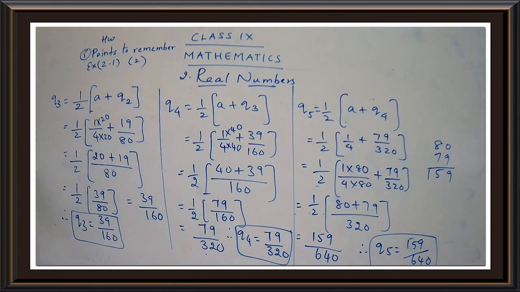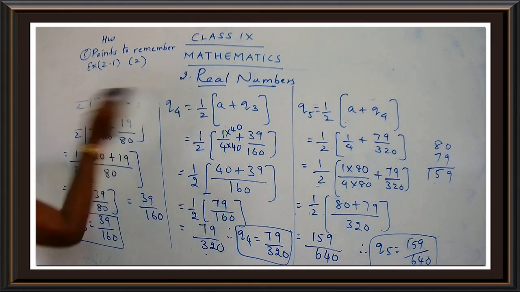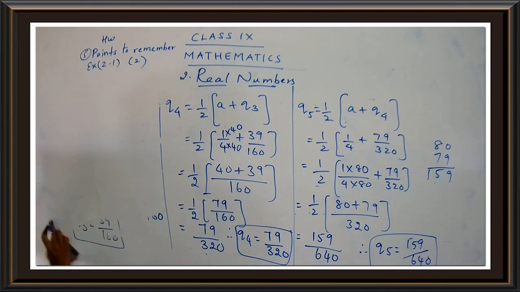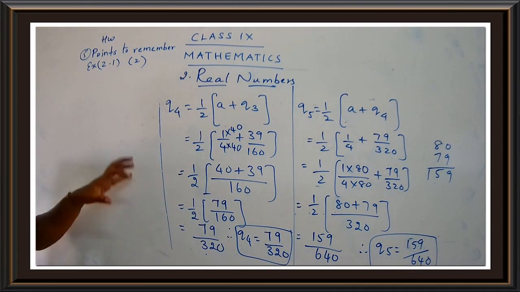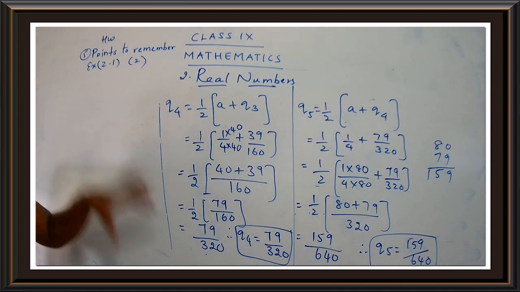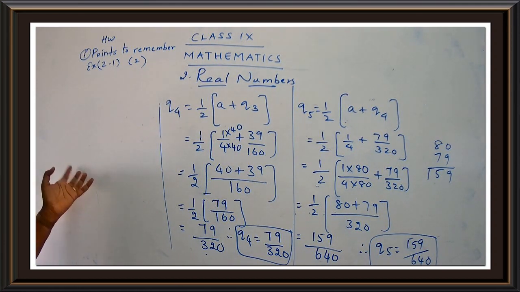Yes, so we have found all the 5 rational numbers. Let us write the final statement. Once again I just say that we don't have only these 5 rational numbers. We can have many more choices. We have many choices for finding the rational numbers between these 2 numbers.